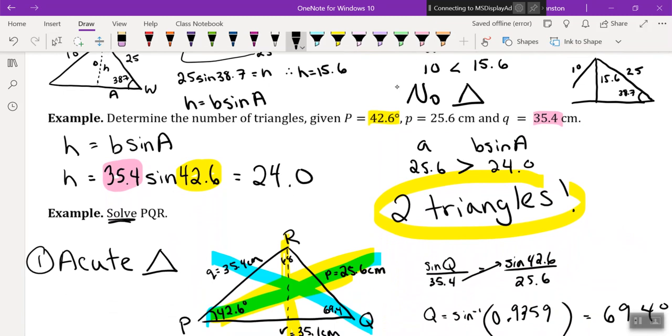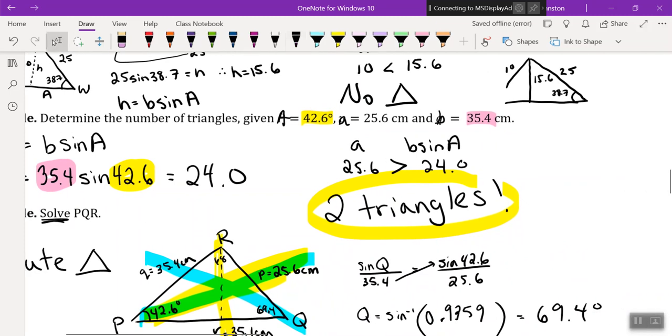All right, let's try this one. Again, if you want to, you can change this to A. This is lowercase a, and this is B. How do I know that? It's because the matching letters go together. This is the angle on the opposite side, and then this is the other side. So if you want to draw it, this would be 42.6. We don't know the height. We're trying to figure it out. We want to see if the a side connects. This is 25.6. We don't know if it connects or not. It depends on how tall this is.